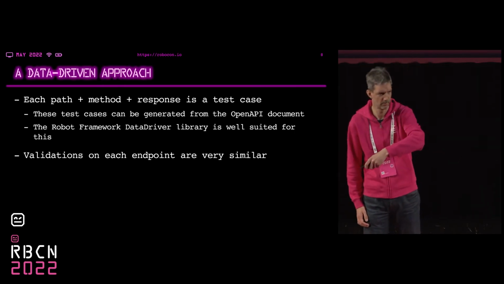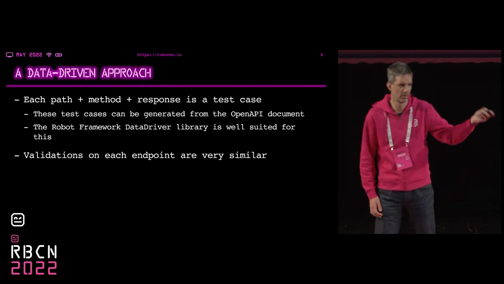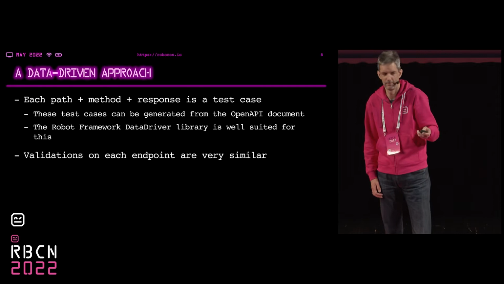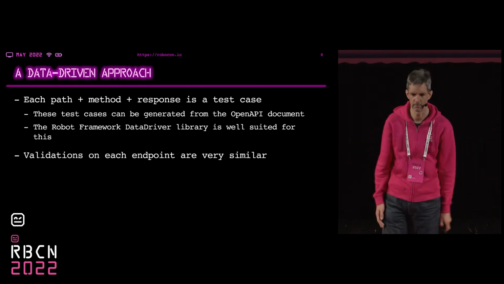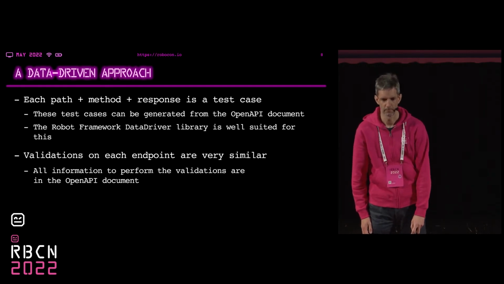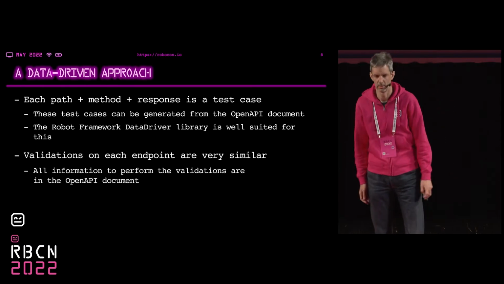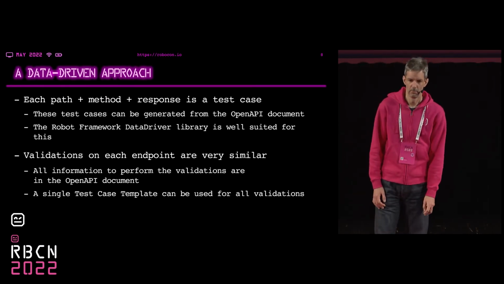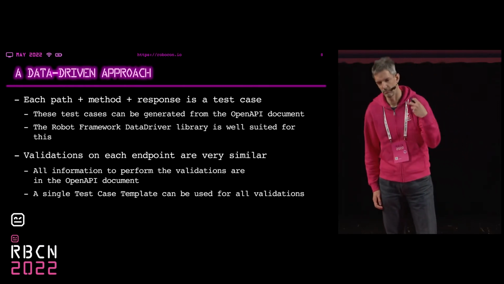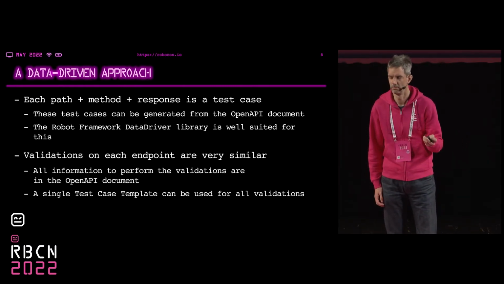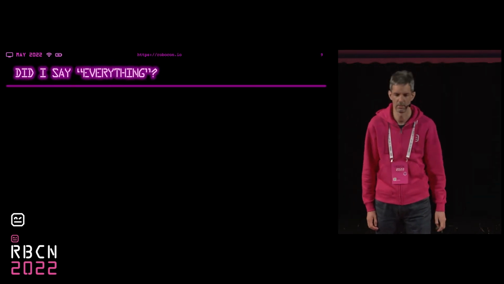You perform a request, you have an expected result. There's not much more to APIs than doing that. Send something, get something back. If I send this, it should be that. And all this information about responses and requests, it's there. So we can use a test template that DataDriver needs. Maybe we can just make one test case, one test keyword.